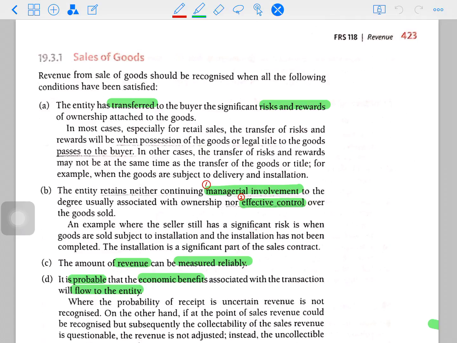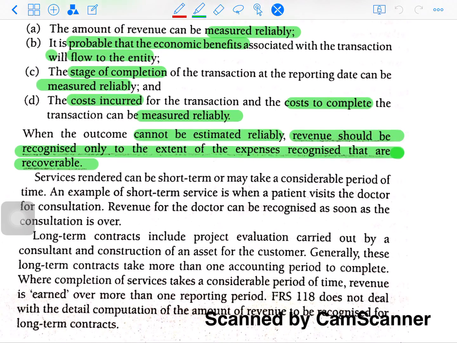Okay, services rendered can be short-term or long-term. Long-term contract include project evaluation. Long-term contract ni contohnya apa? Construction contract lah. Yang tu biasanya panjang, more than one accounting period, 1, 2, 3, 4 years or 5 years baru siap building kan, construction.